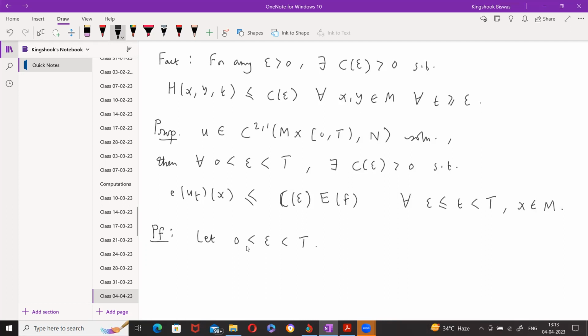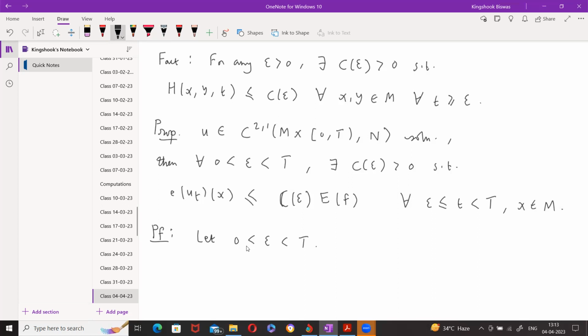As you tend towards capital T, it's going to stay bounded. So that means in any finite time interval, the space derivatives will stay bounded. They cannot blow up in finite time. That's the point of this. So we're improving on the previous proposition, and we're going to use the previous proposition to prove this one.